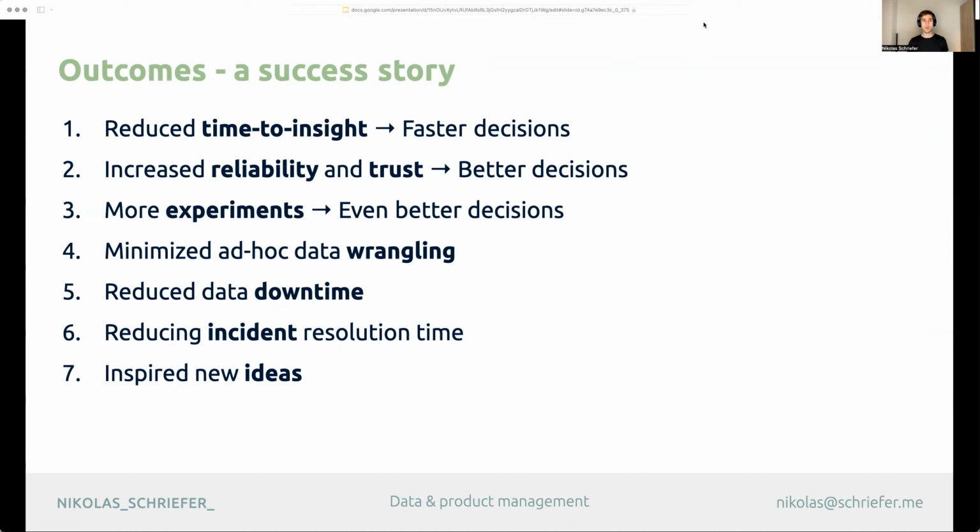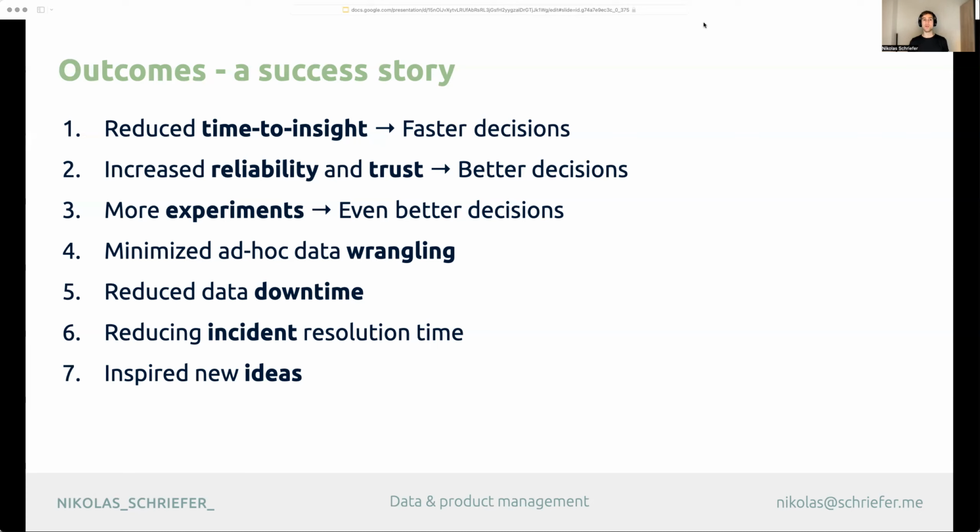The first thing that we were able to achieve was a drastically reduced time to insight, which leads to faster decision making. Why was that? We made the data more discoverable, faster discoverable, more accessible for any kind of stakeholder or person who would use that data, so that they would readily have the information available to make data-driven decisions.